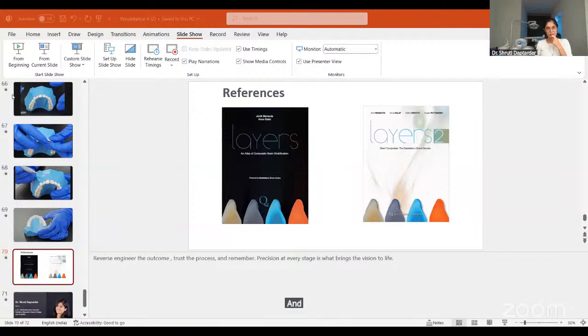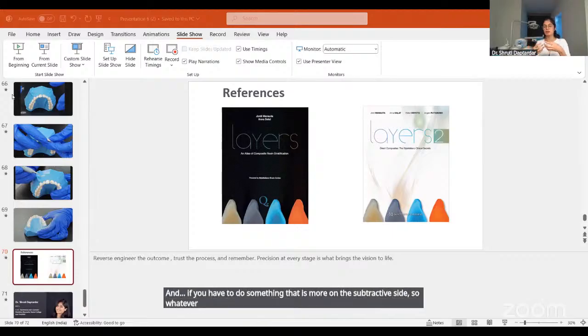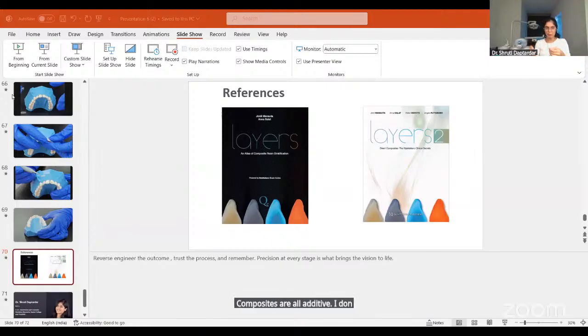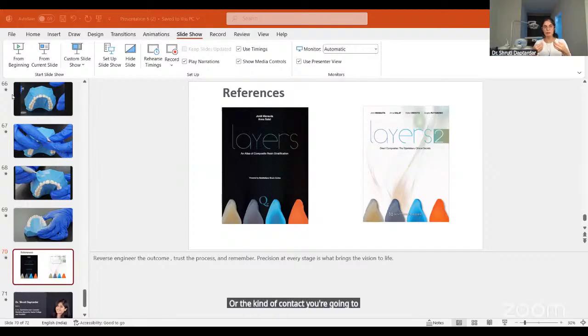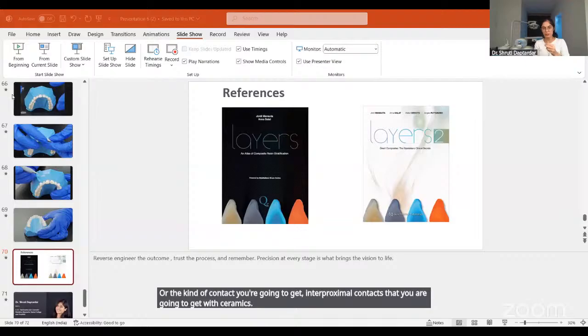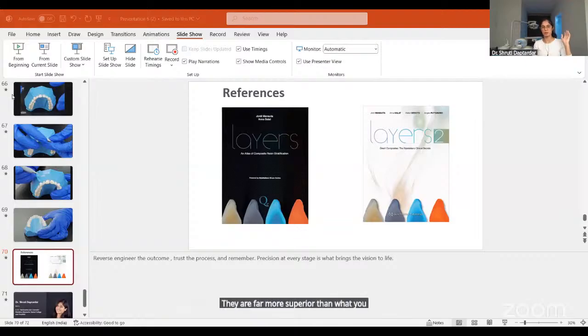And if you have to do something that is more on the subtractive side... whatever cases I do with composites are all additive. I don't like to prep my tooth and then give a composite on it, because the kind of bond and the interproximal contacts you are going to get with ceramics are far more superior than what you get in composites.